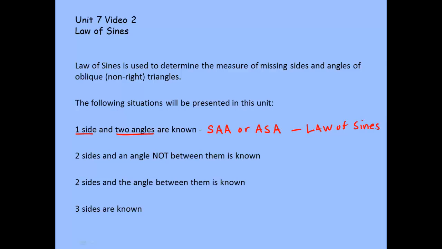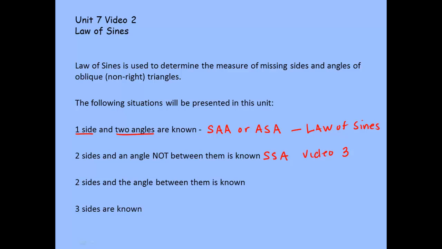Another situation is two sides and an angle that's not between them. Okay, so then we would have two sides and an angle that is not between them, something you didn't actually work with and were not even allowed to address when you were in your geometry class. But this is what we're going to talk about in video 3.